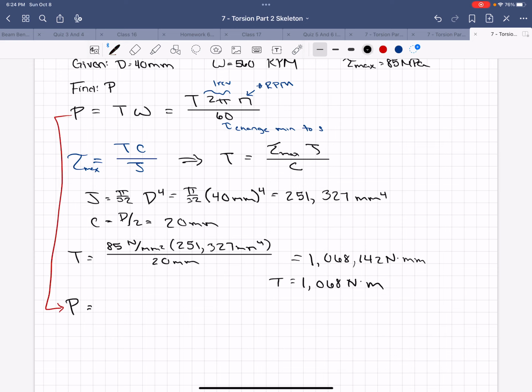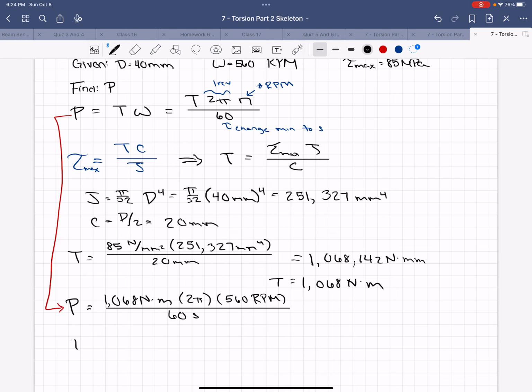Power equals the torque, 1,068 newton meters, times 2 pi, times N, 560 revolutions per minute, all divided by 60 seconds.